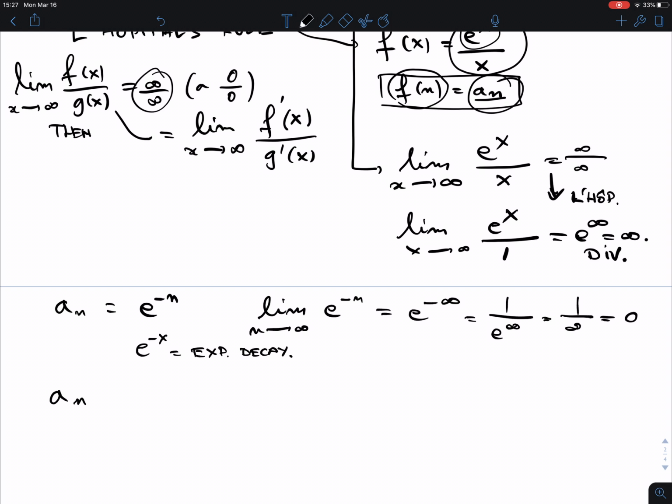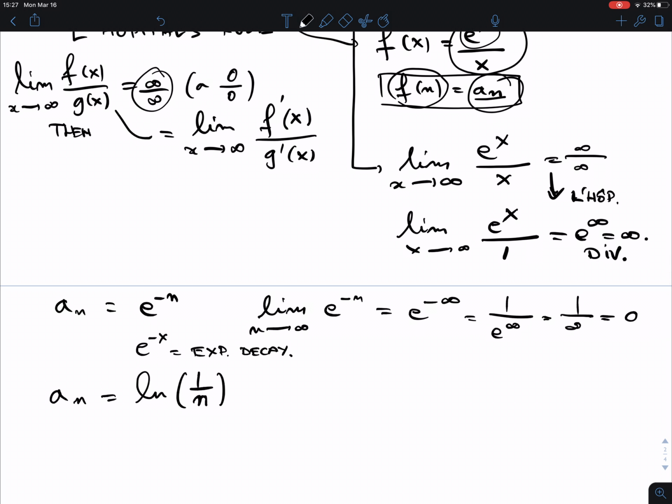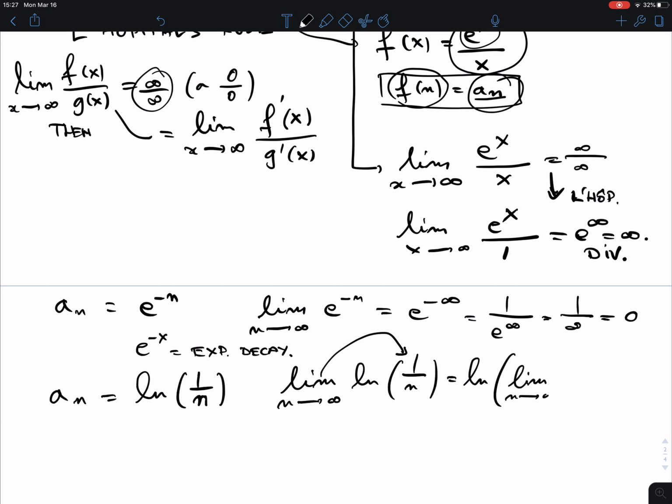Another example where you have to see what happens is, let's look at the sequence a_n is ln of 1 over n. So let's take the limit of the sequence ln of 1 over n. Again, we can bring the limit inside. That was one of the rules that we explained before. So it's the ln of the limit of n going to infinity of 1 over n.